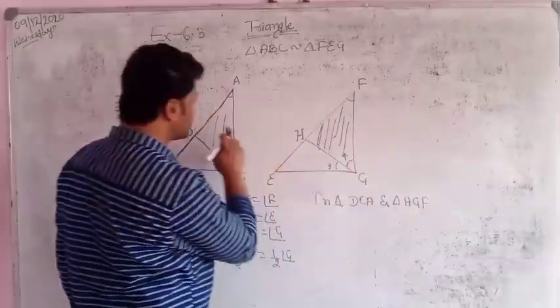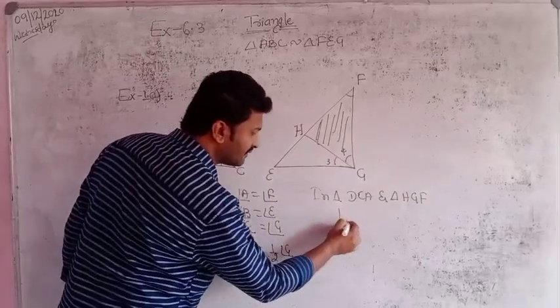In these two triangles, angle A equals angle F.